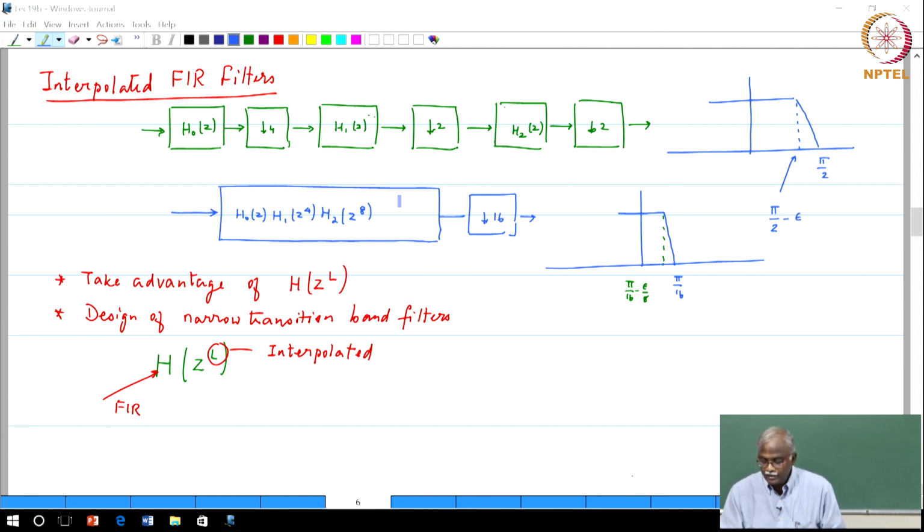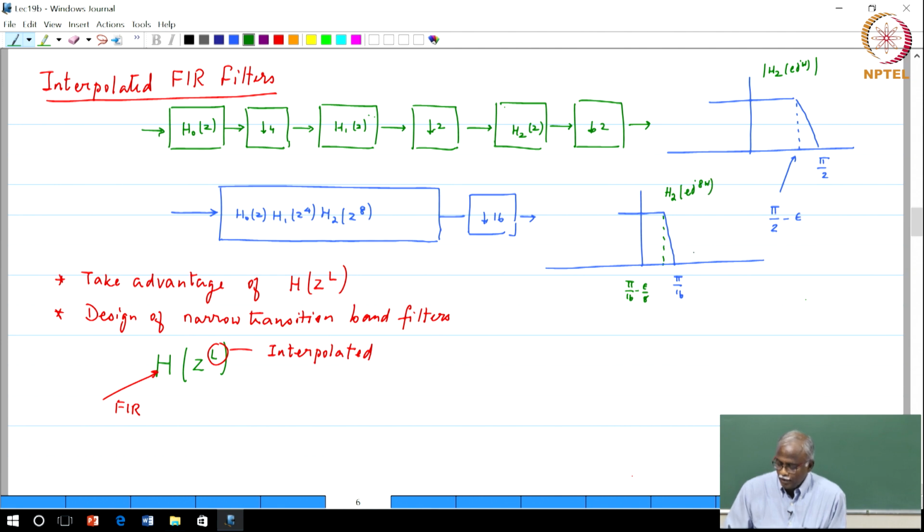Basically, if you were to take H2 of Z, and then if you call this mod H2 E of j omega, now, this one is H2 E of j8 omega, okay.